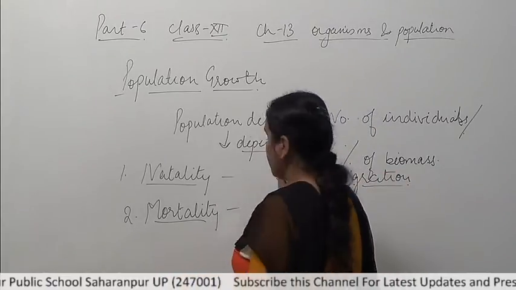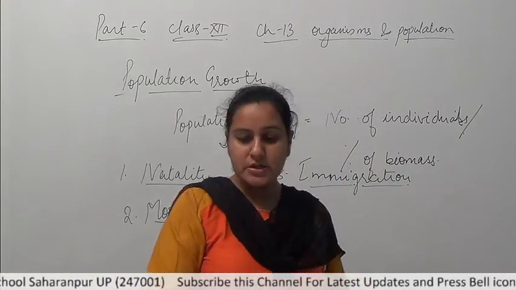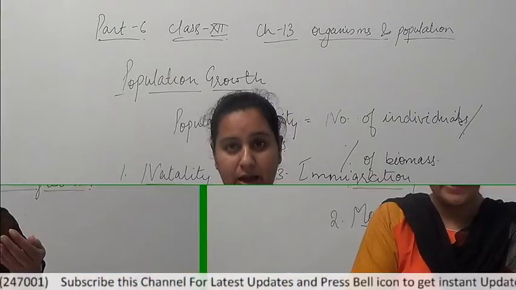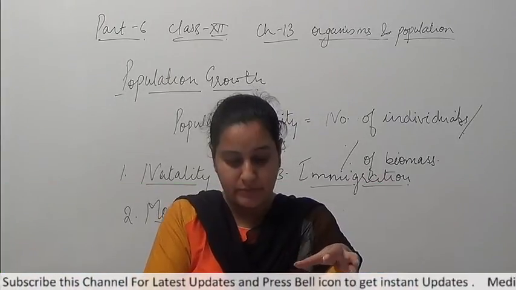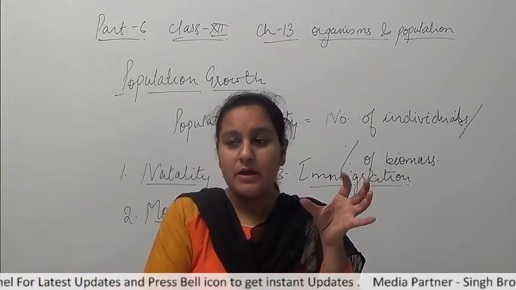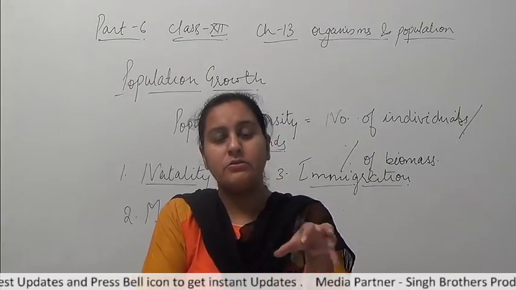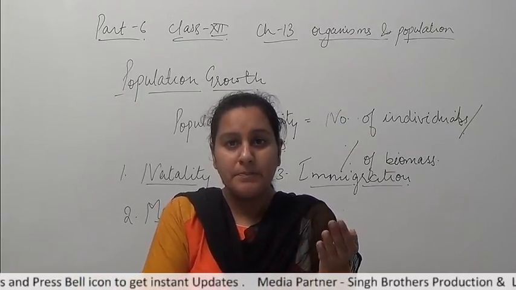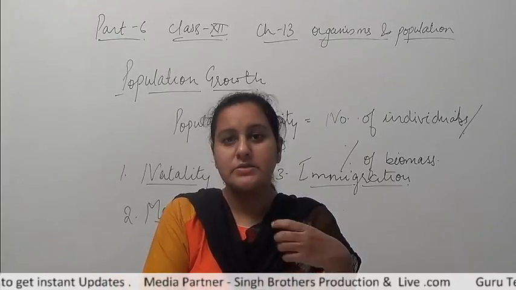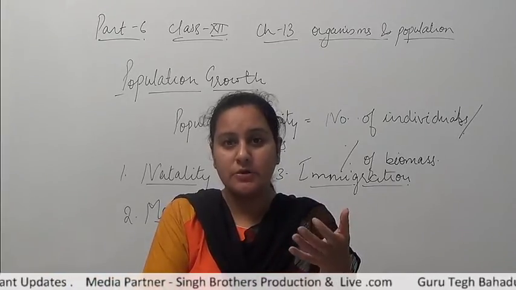What is immigration? So immigration is the number of individuals of the same species that are added to a habitat in a given time period, which increases the population density. Suppose in a particular geographical area, people or organisms come from another country, state or another geographical area.